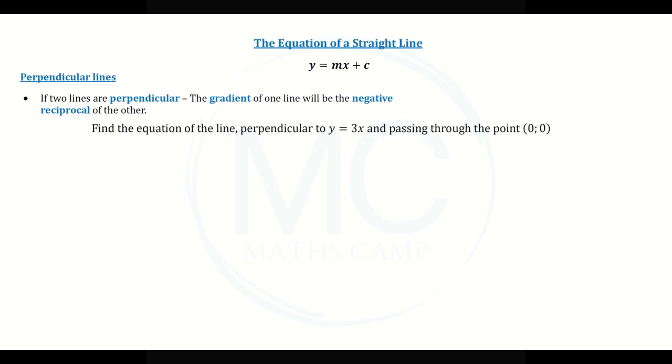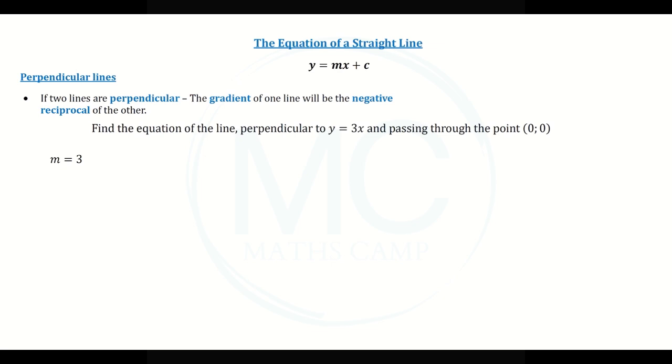Find the equation of the line perpendicular to y is equal to 3x and passing through point 0, 0. The line we've been given has a gradient of 3, so m is equal to 3. Let's find the gradient of the perpendicular line.